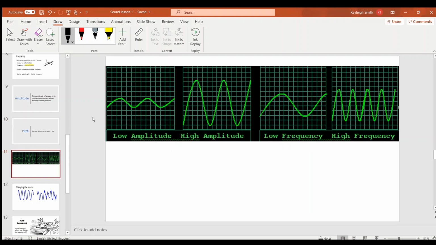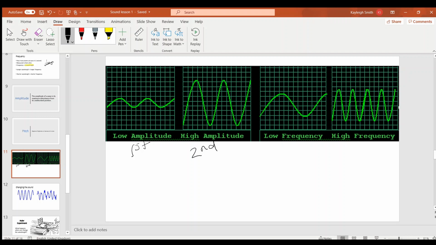So let's just look at some comparisons of waves. The first diagram that I have here is a low amplitude, and the second diagram here is a high amplitude. Notice that on both of these diagrams, the wavelength is exactly the same.